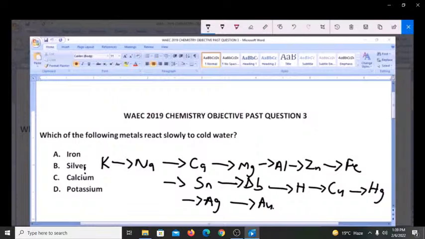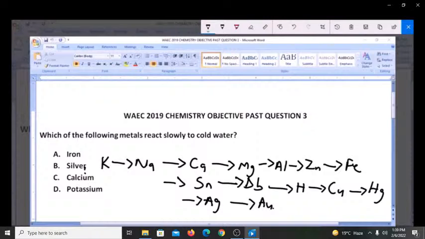Now, potassium, sodium, and calcium are known for their reactions with cold water. Like I said, potassium reacts very violently, very fast, and vigorously with cold water. Sodium also reacts considerably fast, and then calcium reacts slowly with cold water.